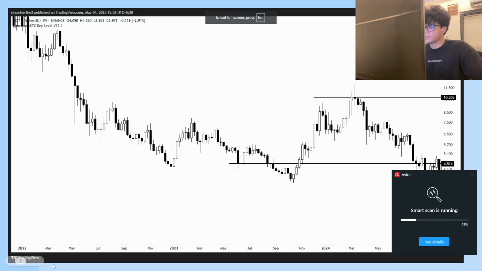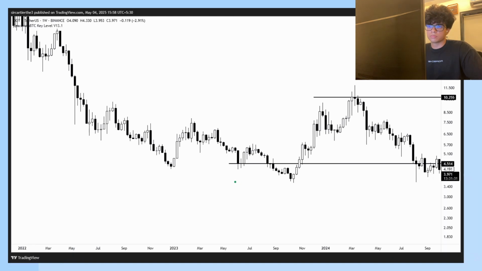So here, price broke a support area, went down, and price went up again, and what we're looking for here is a break of this level again. We got a break of this level again. So now I enter my position here.